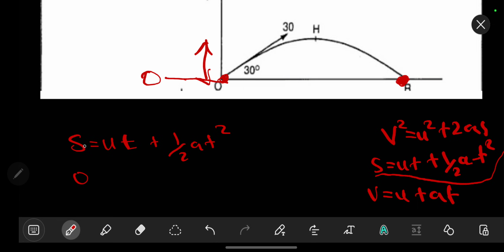That means if we consider the y, we are going to say y throughout. So s is equal to 0, which equals the velocity in the y, which we have calculated, 15, times the time, plus half of the acceleration due to gravity, which is negative 9.8.